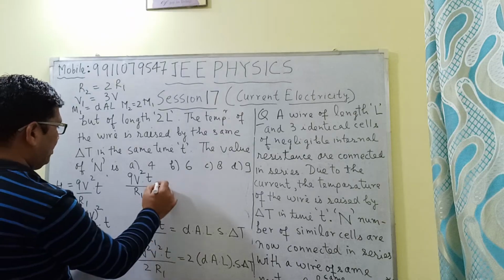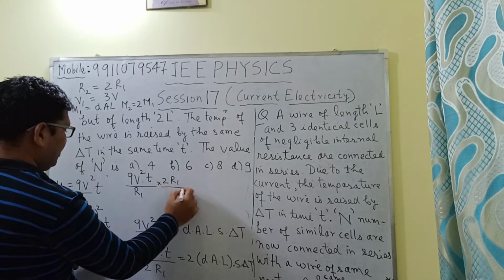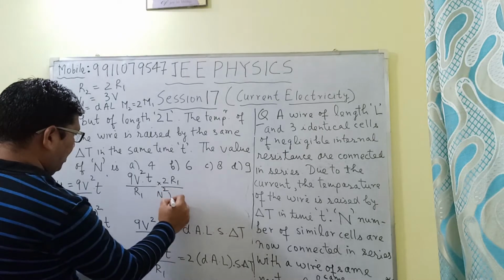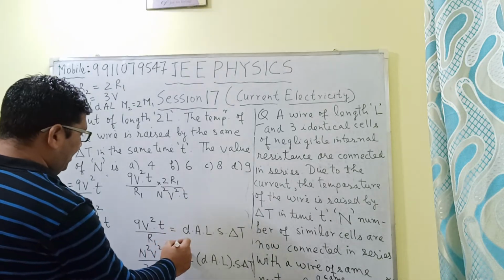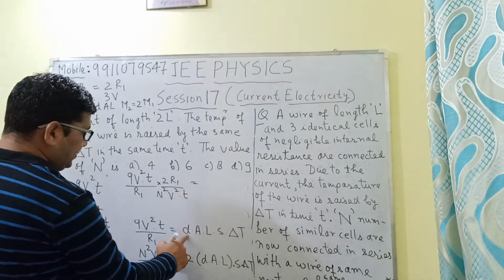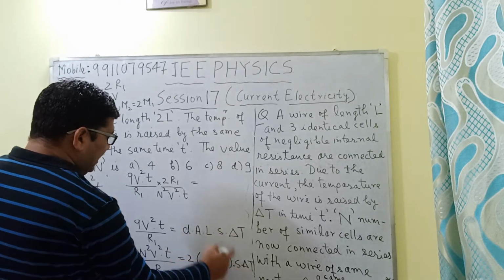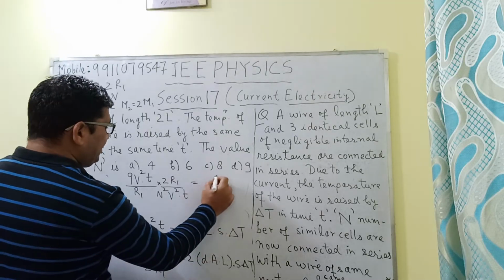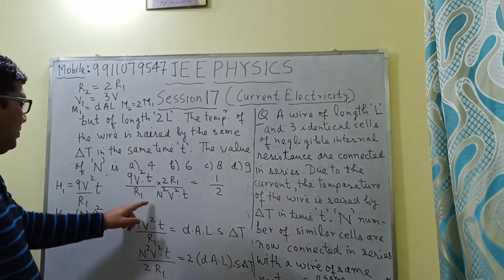This 2R1 will go to the numerator. D A L S delta T will cancel out, so I will be left with 1 by 2.